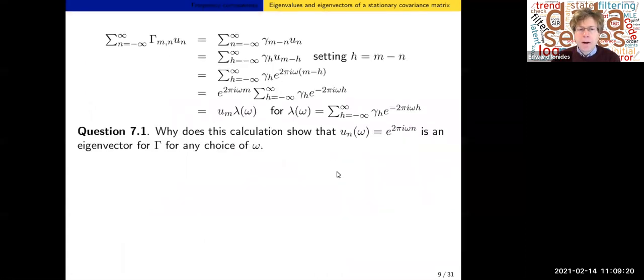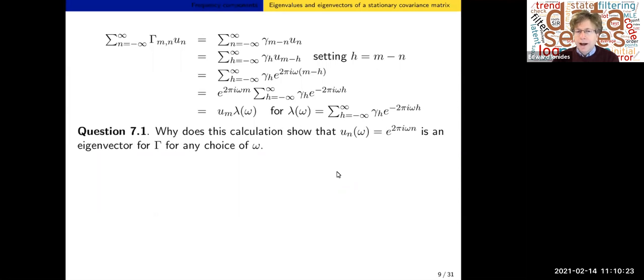Now we get to do some algebra. So when we write out the sum of gamma mn un, and we take advantage of the fact that gamma mn is little gamma m minus n, if we set h is m minus n, then we can switch it to gamma h u m minus h, and then when we substitute in u m minus h for e to the 2 pi i omega m minus h, we see that this factor of e to the 2 pi i omega m nicely comes outside, and what we have left in the sum is gamma h e to the minus 2 pi i omega h, which is then some constant that depends on omega.